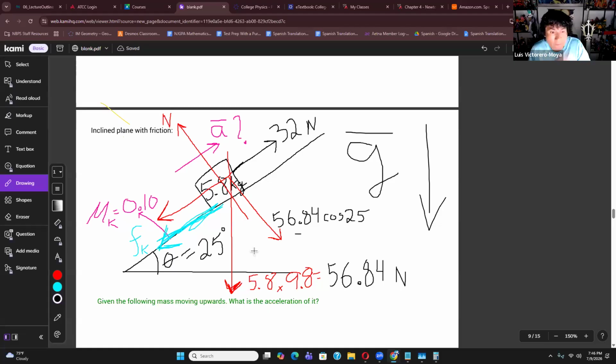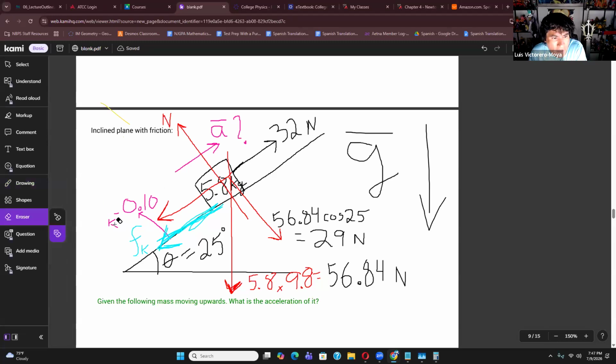What's this? 51.49? Yeah, you got it right. And this is mg sine, the red one here. Let's erase this for now and put it here.